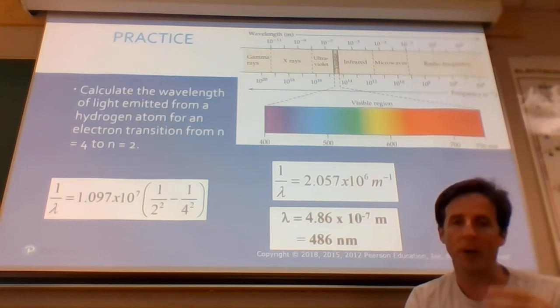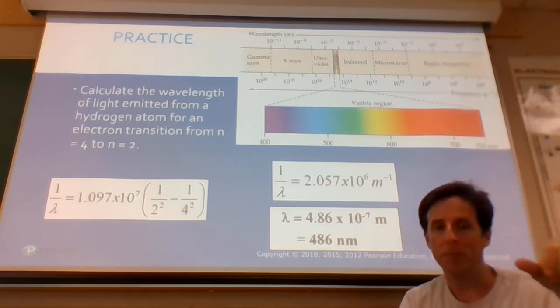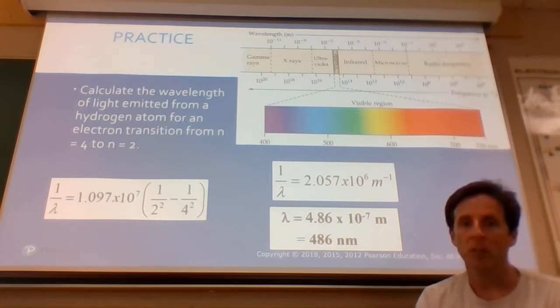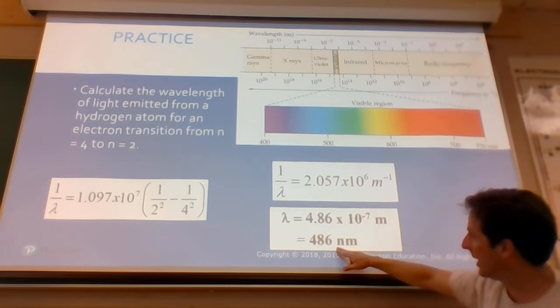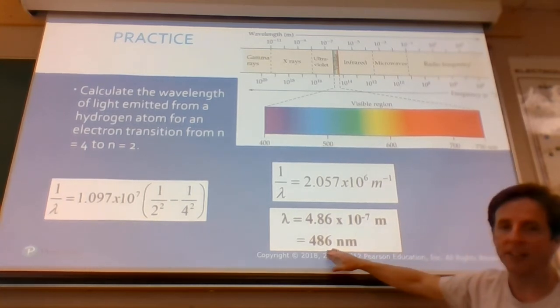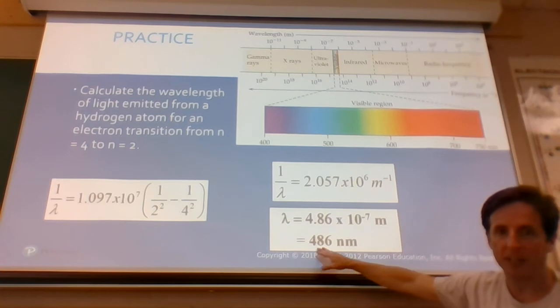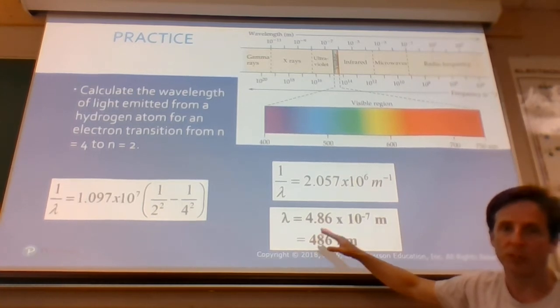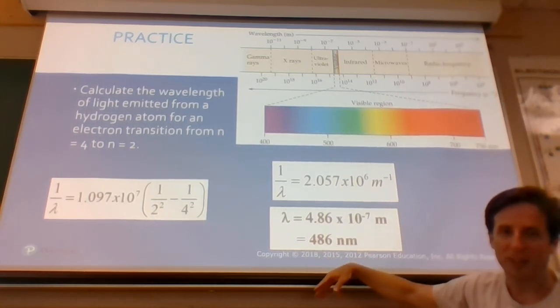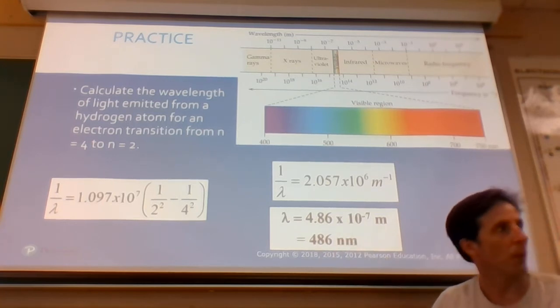Okay, so I would like for you to know the wavelength range of the visible range in meters and in nanometers. So this is in meters, in nanometers it's 486. That does correspond, it is in the visible range. That wavelength would correspond to a specific color. I want to say that one's blue-green, but we can check that somewhere.